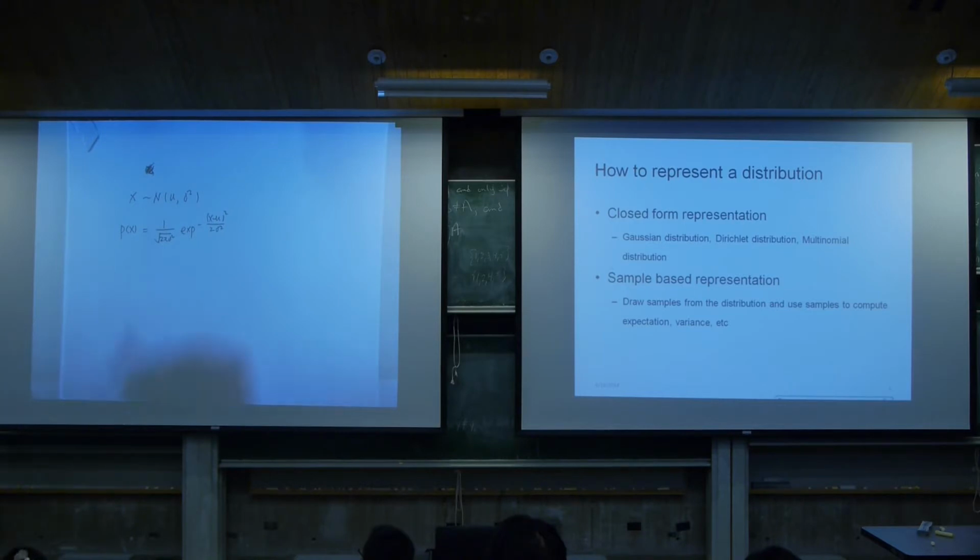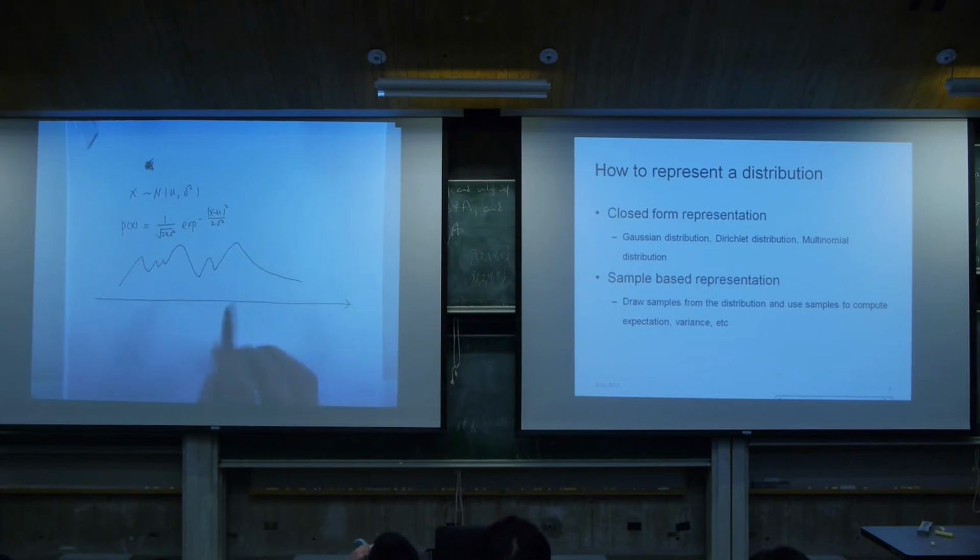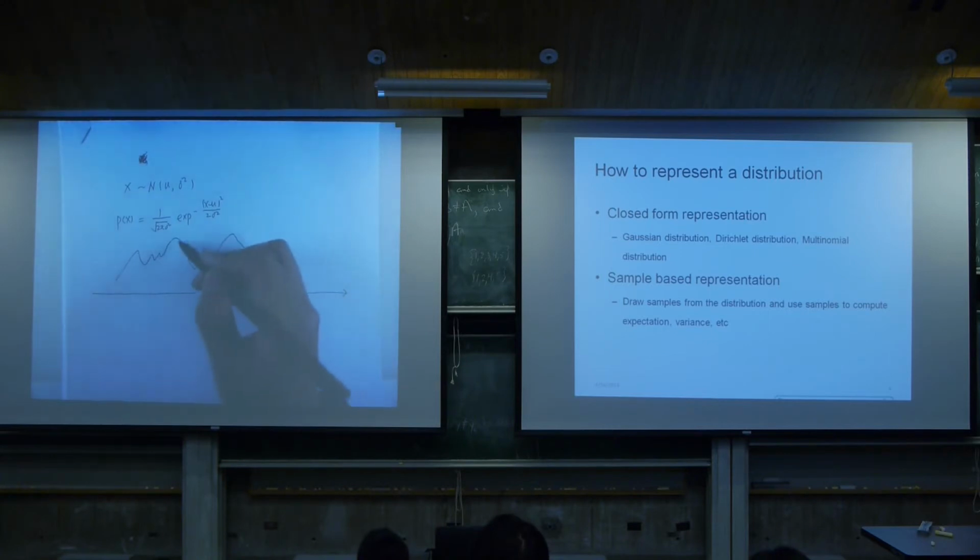However, in many cases, the distribution can be quite messy and complicated. For example, what if we have a distribution like this? Can you find an equation to give the density of this distribution? It's very hard, right? So this comes to the second method to represent a distribution, which is called sample-based representation. The basic idea is, instead of finding a closed form equation of this distribution, we draw samples from it.